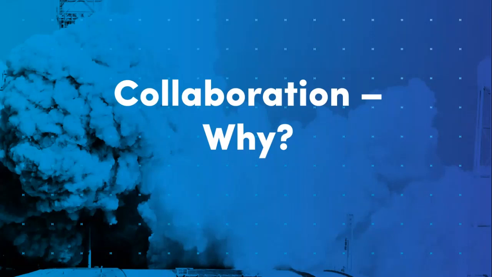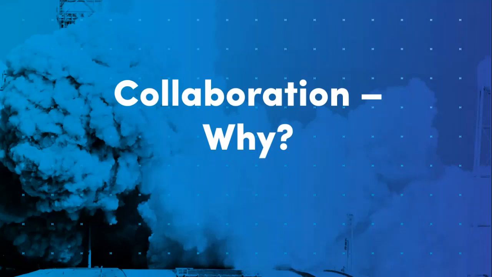So I just want to take a little step back at the start here. Before we start thinking about the practical aspects of collaboration, I think it's really important for you to understand why, as a researcher, you want to collaborate with external organizations. And we talk to a lot of researchers who feel like it's something that they should be doing.